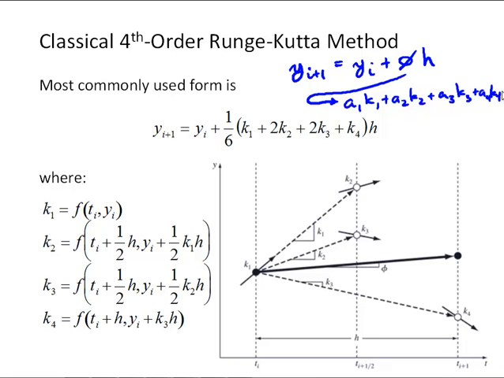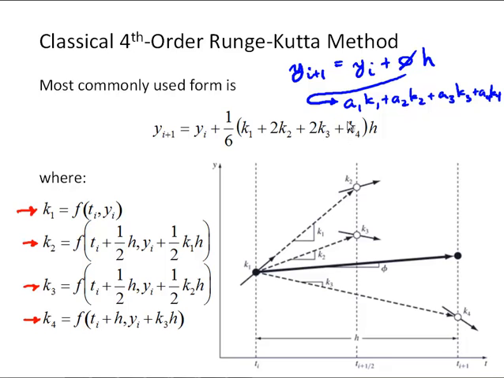We have a linear combination of function evaluations, so each k is a function evaluation. And for the classical formulation, a1 would be 1/6, a2 would be 2/6 or 1/3, a3 is also 1/3, and a4 would be 1/6.